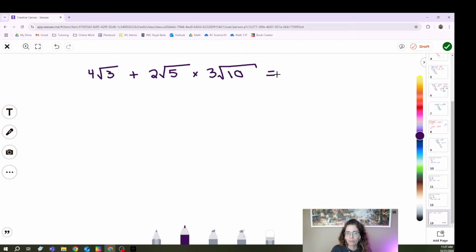Let's say find the volume of a rectangular prism that is, now I'm going to have to handwrite this, otherwise I can't get the right things that I want.